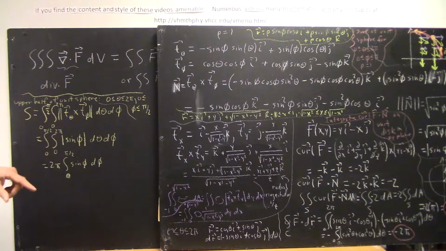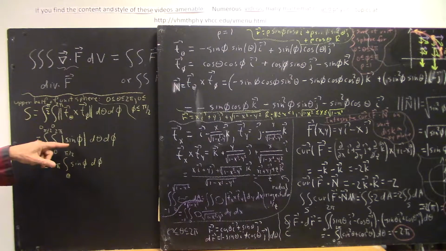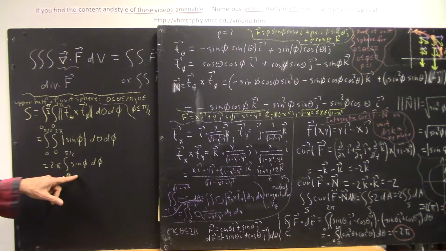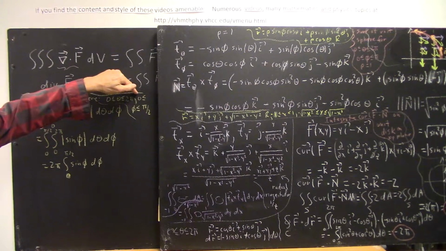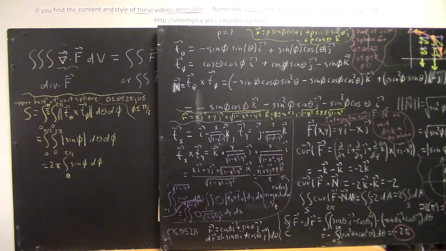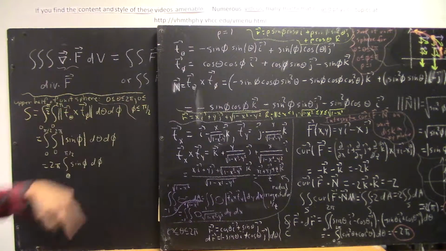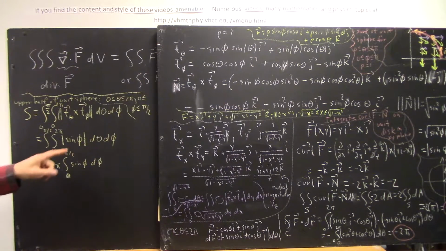Integrating, now I've replaced the magnitude of sine phi with just plain old sine phi. How can I do that? Well, our domain goes from 0 to pi over 2. Phi goes from 0 to pi over 2.